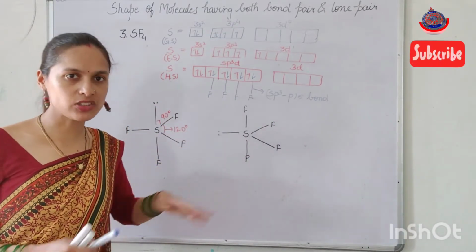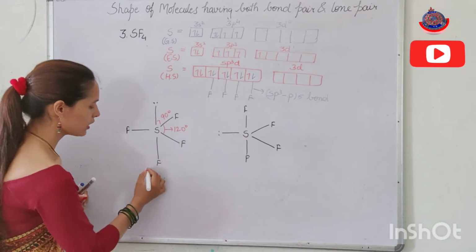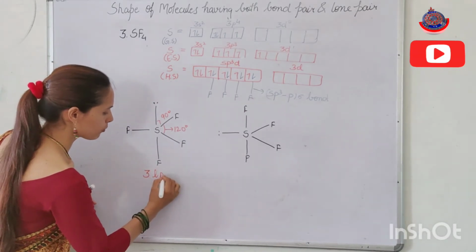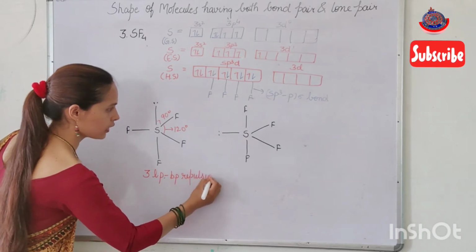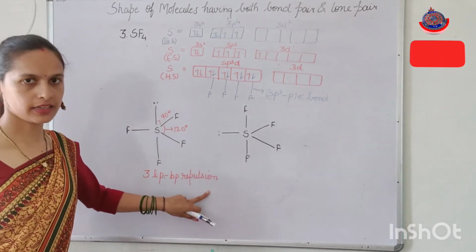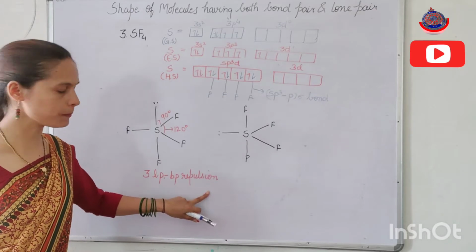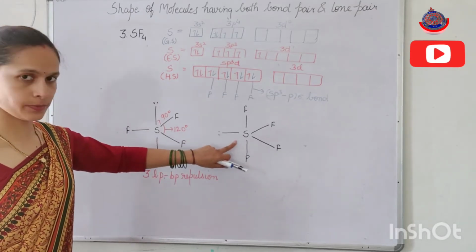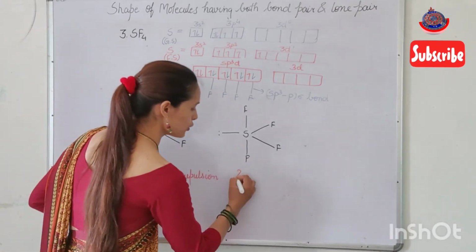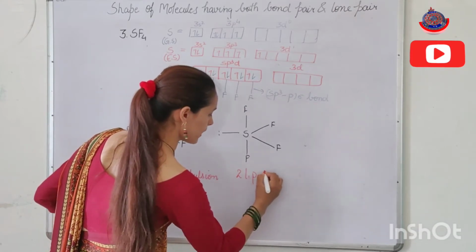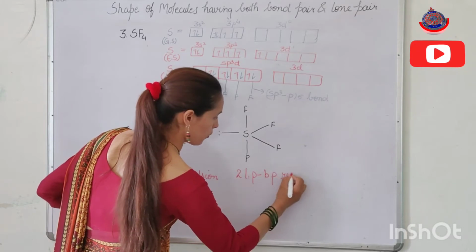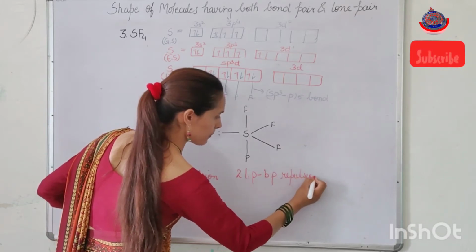So there is a repulsion between these 3. If there is a repulsion between these 3, we have 3 lone pair bond pair repulsion. And in this we have 2 lone pair bond pair repulsion. Why do we have 2 lone pair bond pair repulsion?